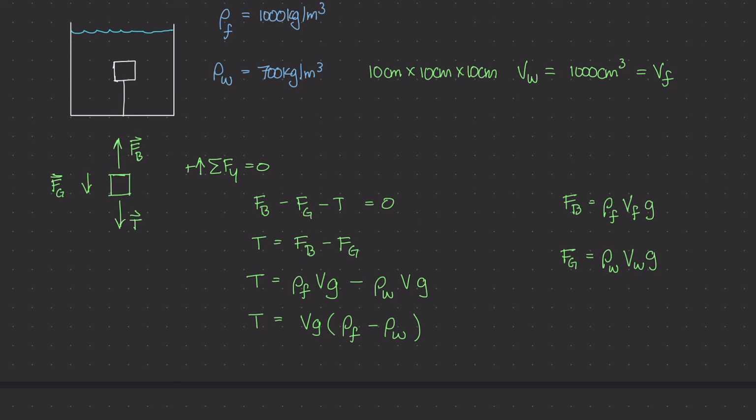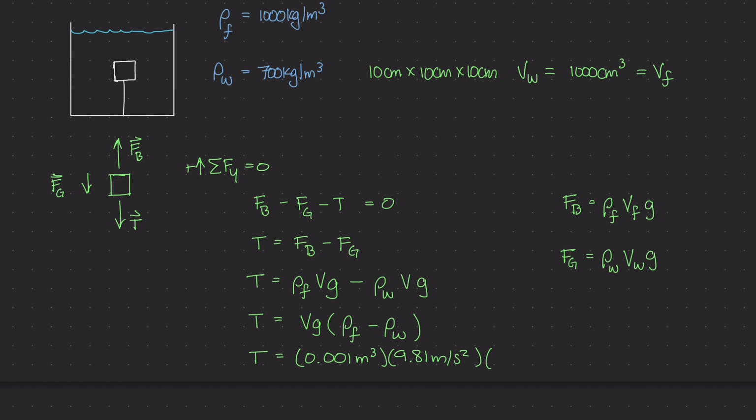At this point, it's just a plug and chug, right? So the tension is equal to the volume. Well, the volume was this 1,000 centimeters cubed, but we need to convert that into meters cubed. If we do a dimensional analysis on that, then that volume is just 0.001 meters cubed, times the gravitational constant, which is 9.81 meters per second squared, times the difference in the two densities.